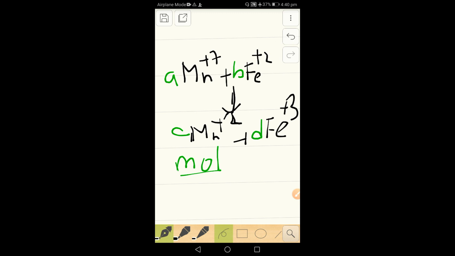Here we have 1 manganese, so 1 into A is A, and here we also have 1 manganese, so 1 into C means C, which means A must be equal to C. Now talking about iron. Here is 1, so 1 into B is B, and here is also 1 iron, and 1 into D is D. So A must be equal to C and B must be equal to D. So this is what we have up to the moles.